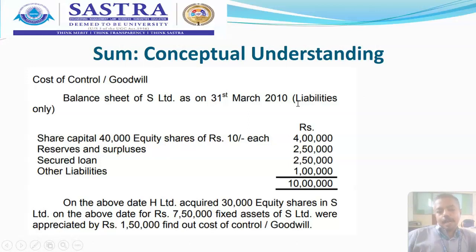So it happens on the day of acquisition. We have only 3/4 control. Please keep that in mind. Don't take the entire 1,50,000 into your calculation. We have only 3/4 control. So on this 1,50,000, what is that 3/4?